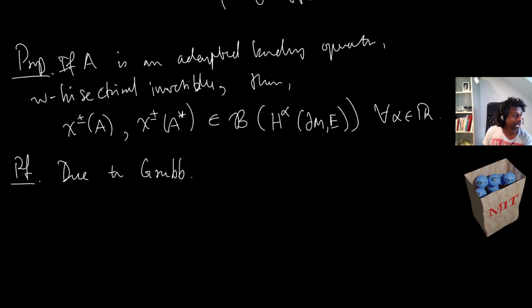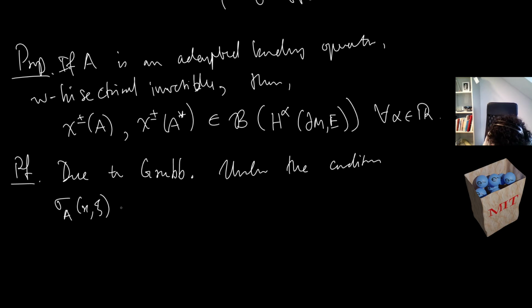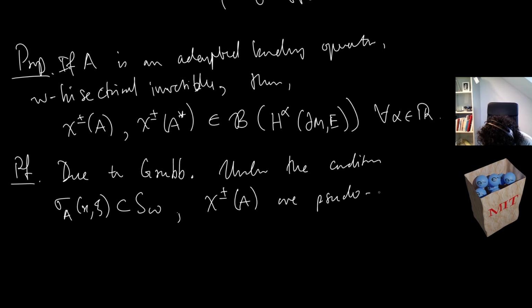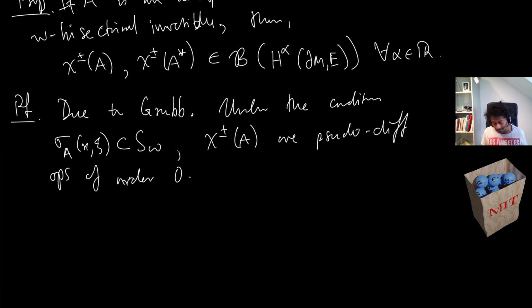She proves that under the condition that the principal symbol is contained in S omega, these operators are pseudo differential operators of order 0, and this is related to complex powers of operators and stuff that we don't really have time to get into.